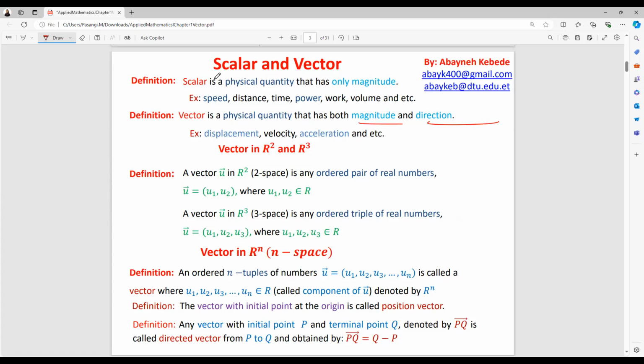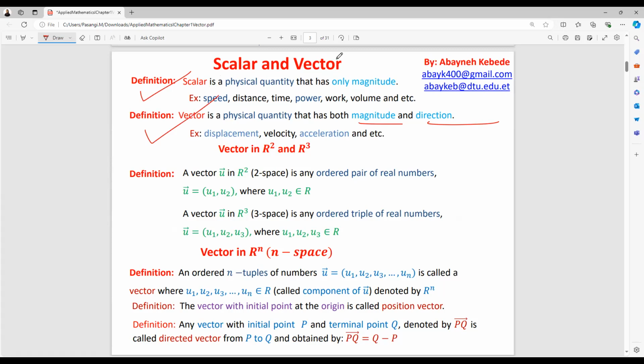What about the vectors? What are the examples for vectors? Velocity, acceleration, displacement. Yes. Those have both magnitude and direction, so we call them vectors. Those are the two definitions which we need to know.